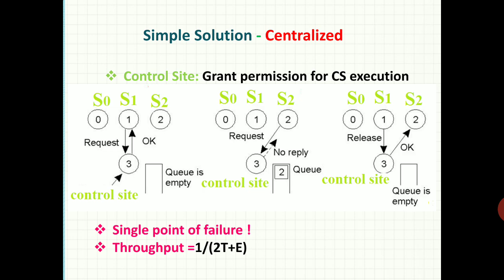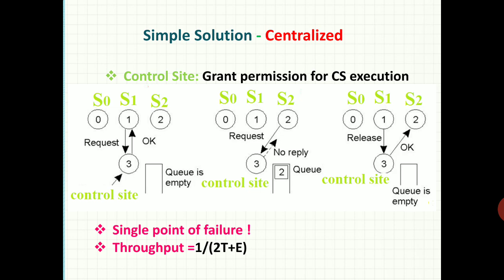Then the synchronization delay in this particular method is 2t. That is because the site should first request permission from the control site, and the control site should grant permission to enter the critical section. So here the synchronization delay is 2t, where t is the transmission time for a message.